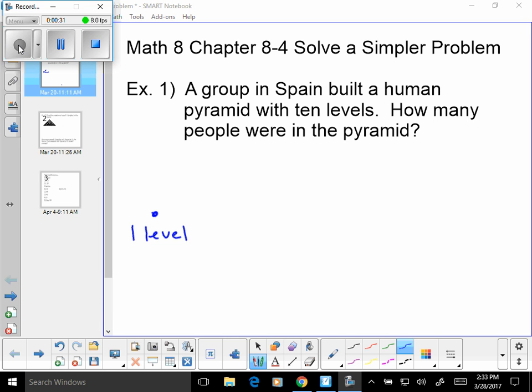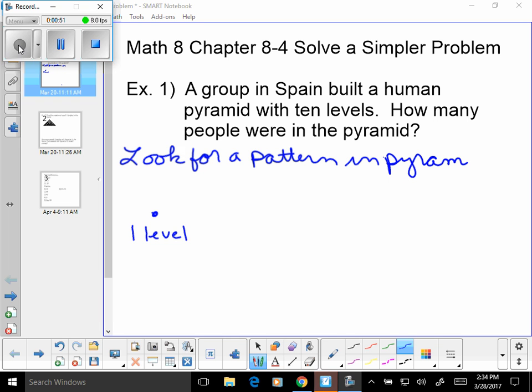Now, when we have a problem like this, in our lesson says solve a simpler problem, the idea is we're going to look for a pattern in pyramids, in this particular instance, with fewer than 10 levels.